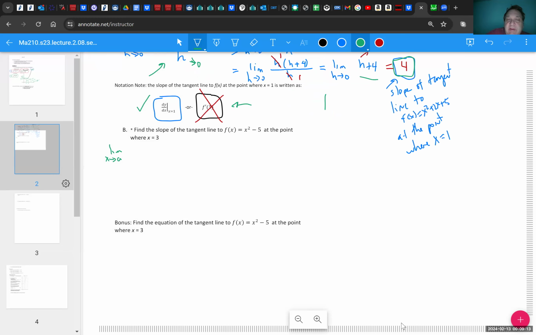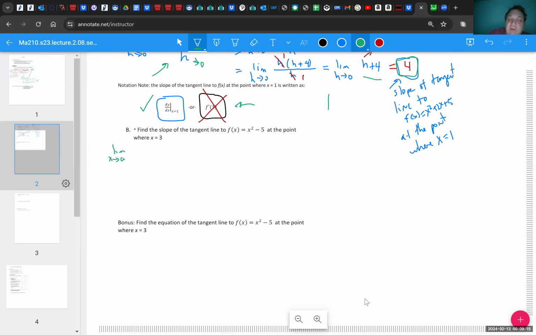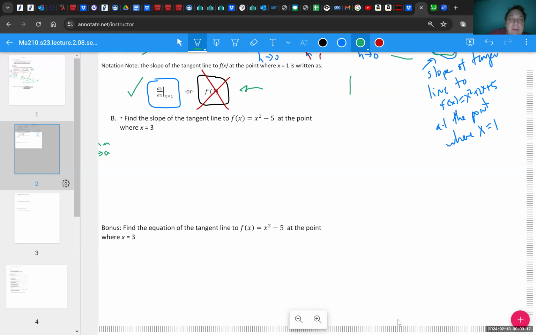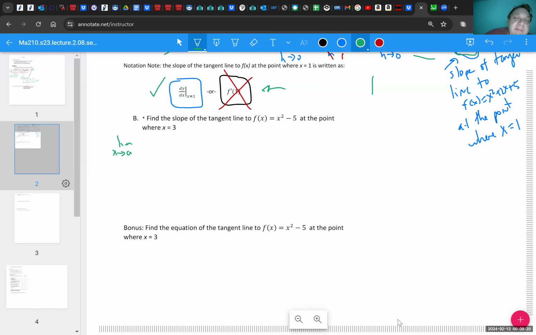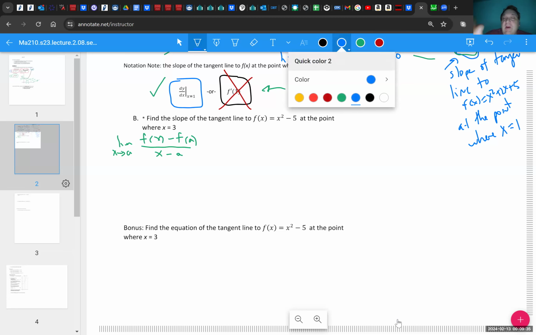So again, you have to remember the notation a little bit. On the top of the difference quotient, we have f(x) minus f(a), and the bottom one we have x minus a. One of the reasons I don't use this formula as much is because you do have to remember that they've switched around the variables.